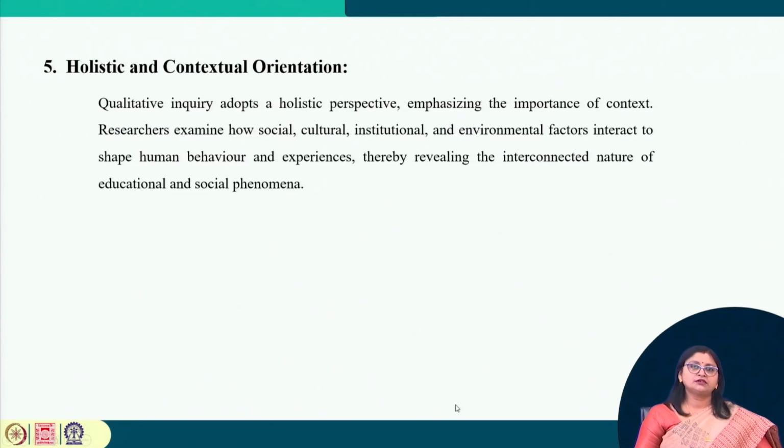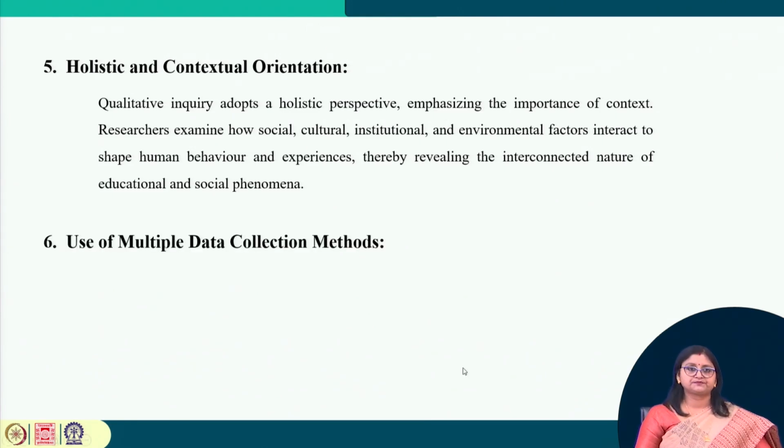The fifth is holistic and contextual orientation. This characteristic talks about the holistic perspective, emphasizing the importance of context. Researchers examine how social, cultural, institutional, environmental or any other factors interact to shape human behaviors and experiences, thereby revealing the interconnected nature of educational and social phenomena.